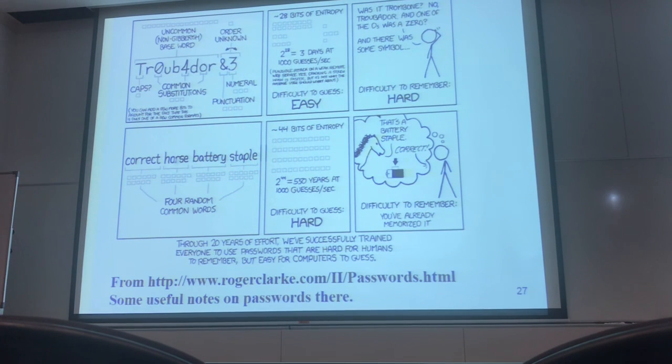But if you look at this one, if you randomly choose 4 words from the dictionary, surprisingly, this one will have a higher entropy. However, you need to make sure you choose these words randomly. If you choose a well-known sentence, that does not count.